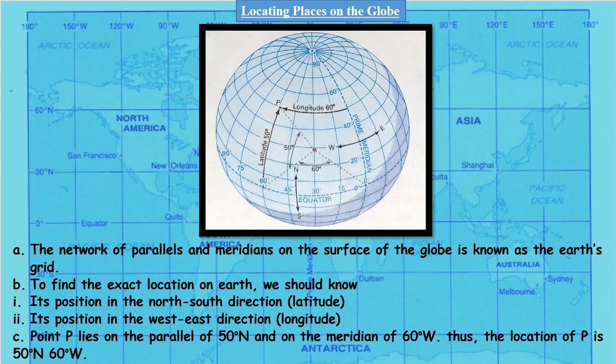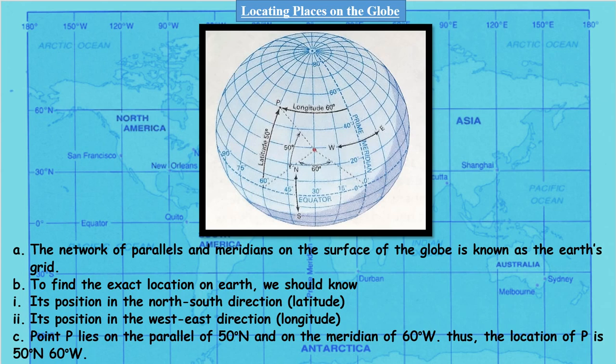In the second set, the circles run from north to south and pass through the north pole and the south pole, and are called meridians or lines of longitude. The latitudes help us find out the places towards the north or south of the equator, and the longitudes help us know the places which are toward the east or west of the prime meridian.